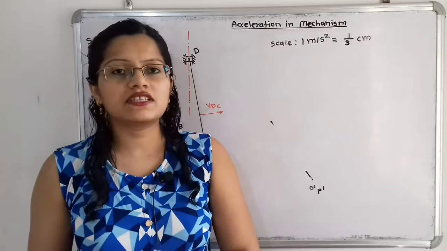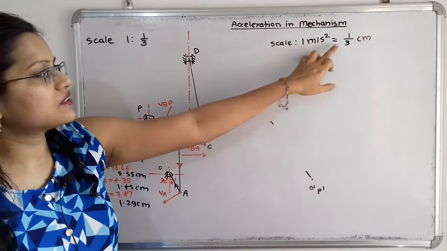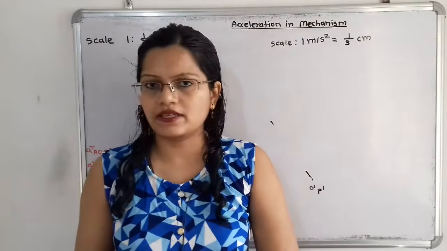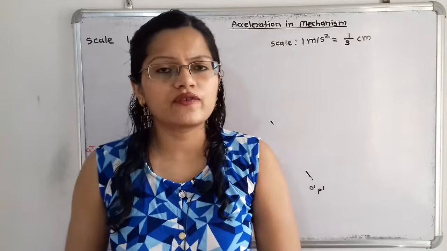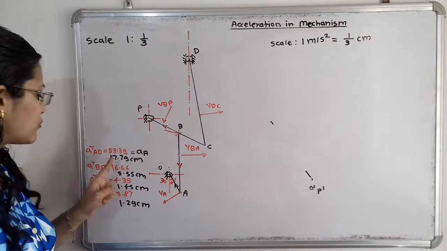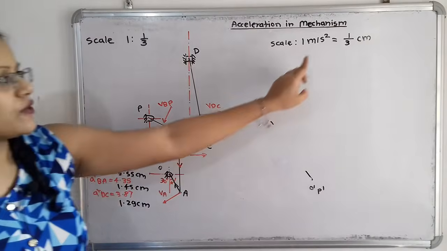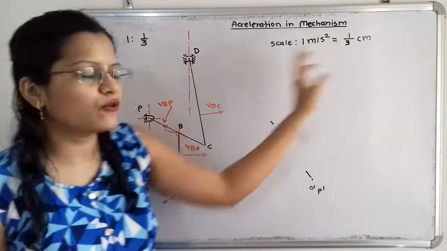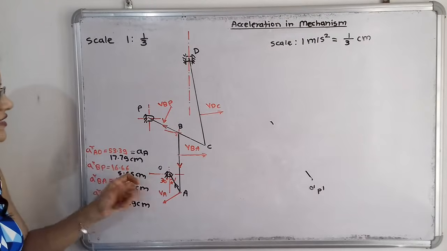For the acceleration diagram we will consider the scale 1 meter per second square is equal to 1 by 3 centimeter. The radial component of this crank OA is calculated as 53.39 meter per second square. As per the scale we divide it by 3, that is equal to 17.79 centimeter.